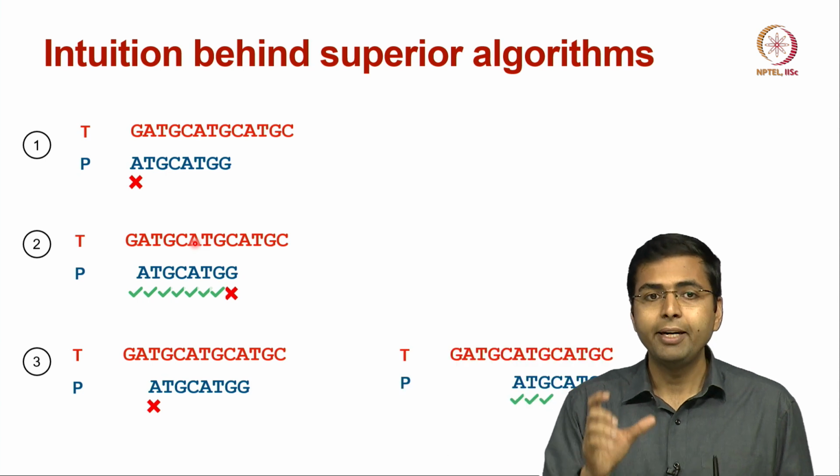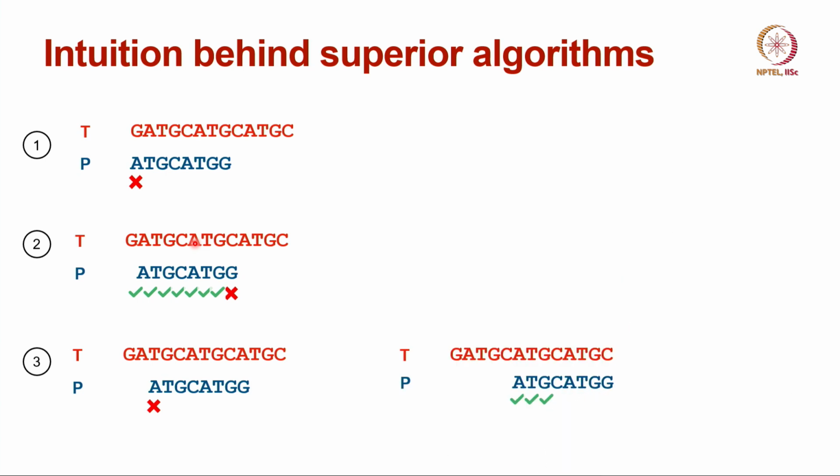The next intuition that many of these algorithms use is that, observe that here the prefix of the pattern, ATG, occurs again in the pattern. So, the characters 5th, 6th and 7th are also ATG. We know from our iteration number 2 that the ATG already matched the text.